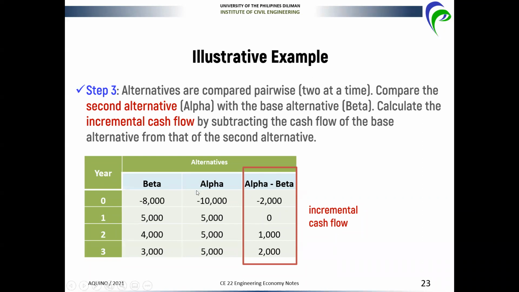Ang next na gagawin natin dito is to compute for the IRR of this incremental cash flow. So to give you a sample computation, para ma-calculate natin yung IRR niyan, and also to give you a recap kung paano siya kina-calculate. So diba, sabi natin, para ma-solve natin yung IRR, kukunin natin yung net present worth niyan.